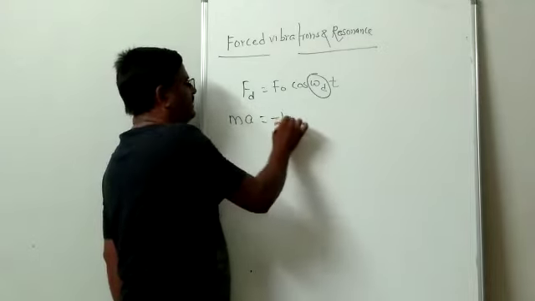I can write this as m d2x by dt square plus b into v plus kx, and instead of v, I can write dx upon dt, the rate of change of displacement with respect to time, plus kx is equal to F0 cos omega d t. This is the equation of the oscillator.